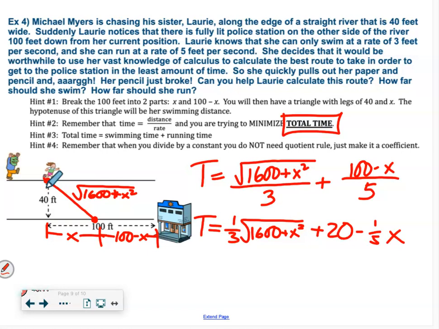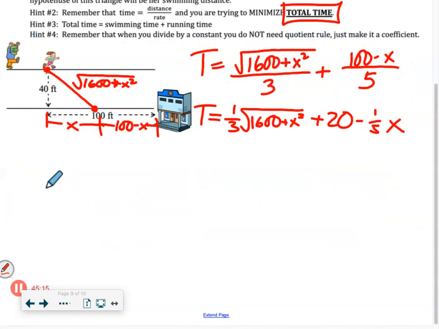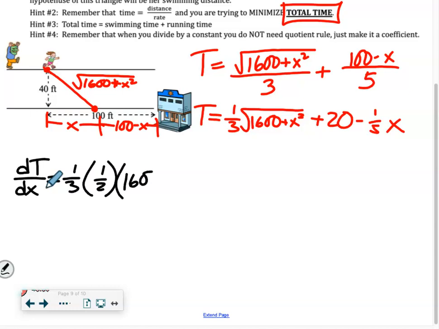All right, so we are ready to differentiate. dt/dx, so you get 1/3 times 1/2 times (1600 plus x squared) to the negative 1/2 times 2x.